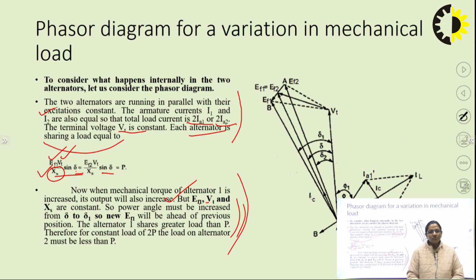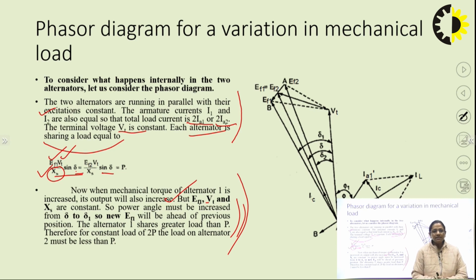So, the new EF will now be ahead of its previous position because there is an increment in the load angle delta for alternator 1. Initially, the load angle was equal to delta and now it must increase beyond delta. So, the new value of this load angle is delta 1. Right?